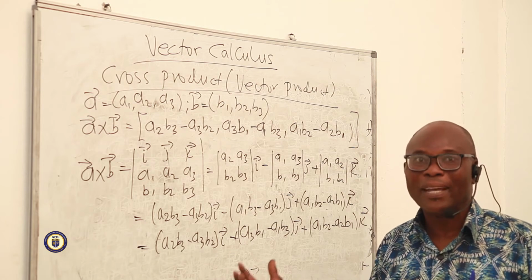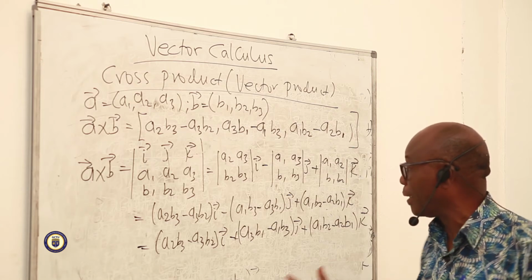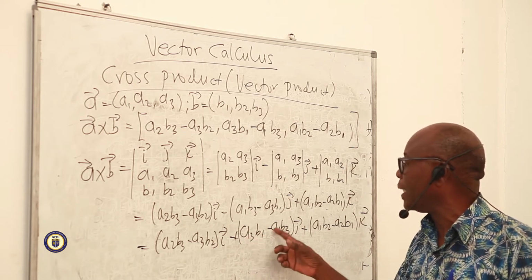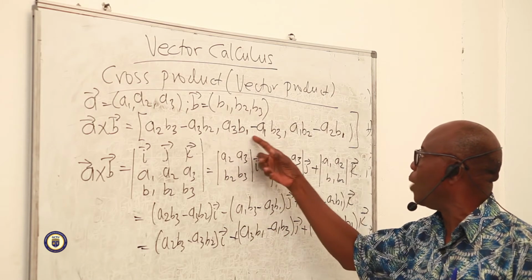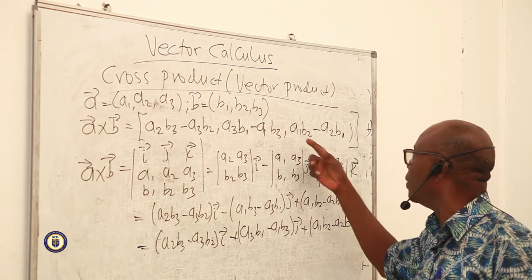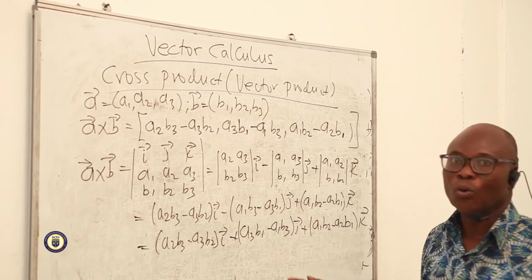The determinant method makes it easy so that you don't miss any term. The K component is A1B2 minus A2B1.